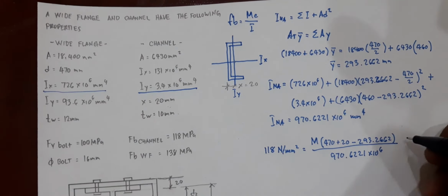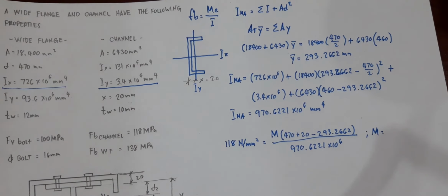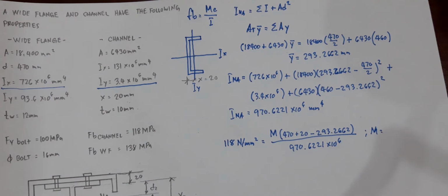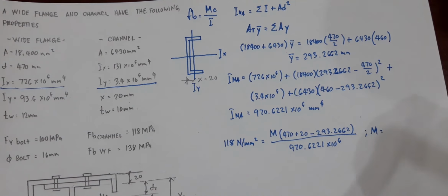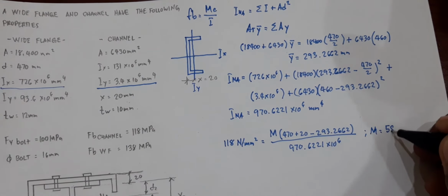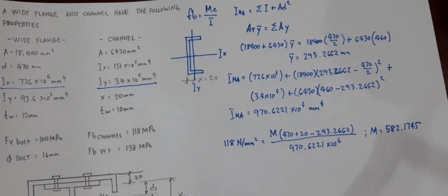Then you have your moment capacity, M. So, for your moment capacity, that would be equal to 582.1745.